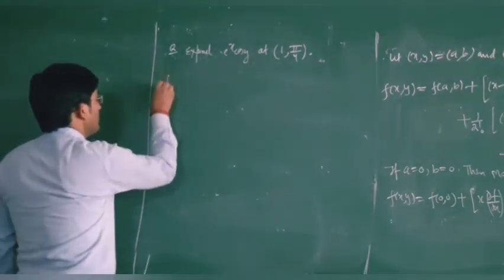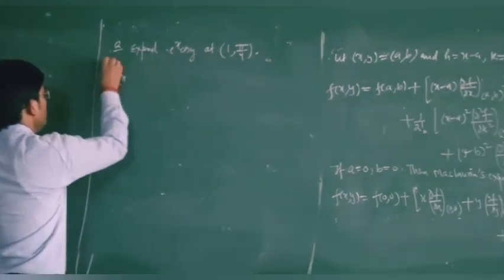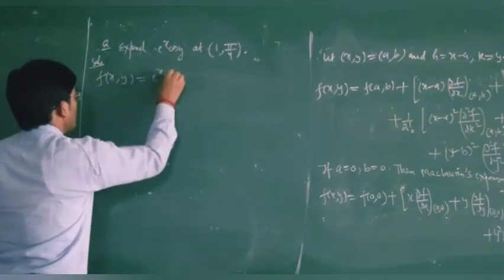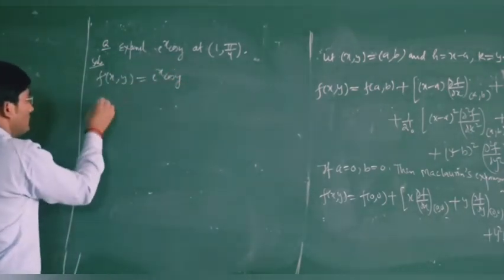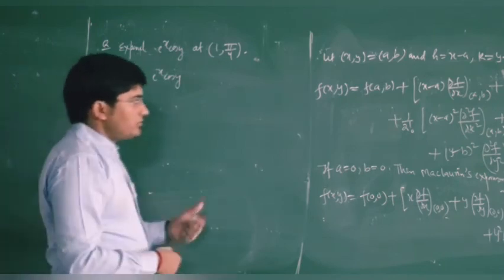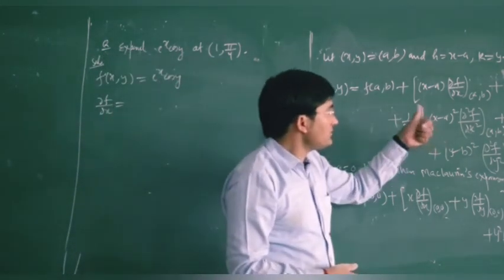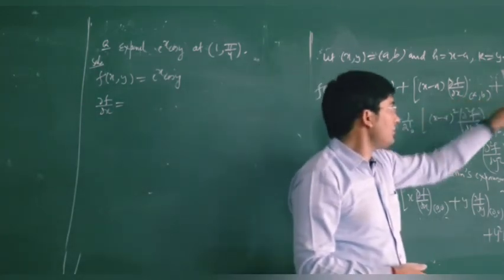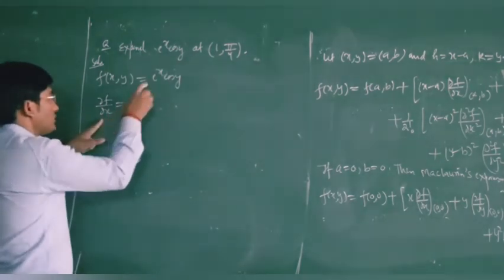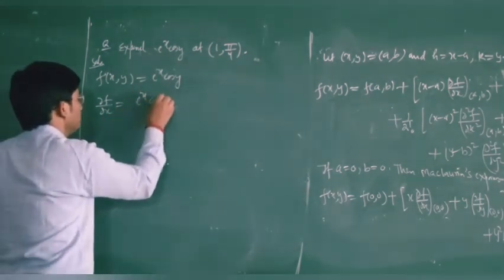Solution: let f(x,y) be equal to e to the power x into cos y. Now let us find out various derivatives, such as del f upon del x, del f upon del y, and then the second order derivatives. So del f upon del x will be e to the power x cos y.